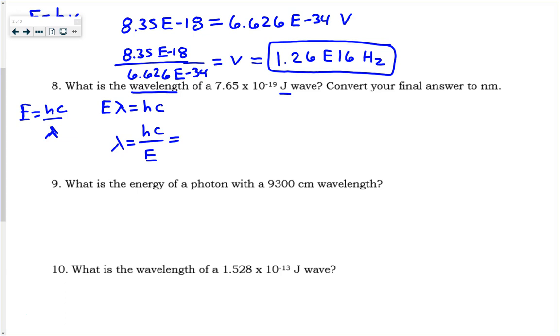That is 6.626 times 10 to the negative 34th, Planck's constant, times the speed of light, which is c, that's 3.00 times 10 to the 8th. We divide that by 7.65 times 10 to the negative 19th, which is our energy.